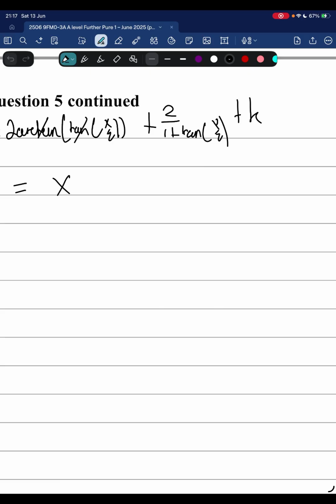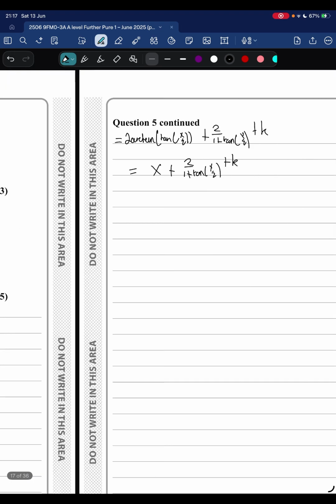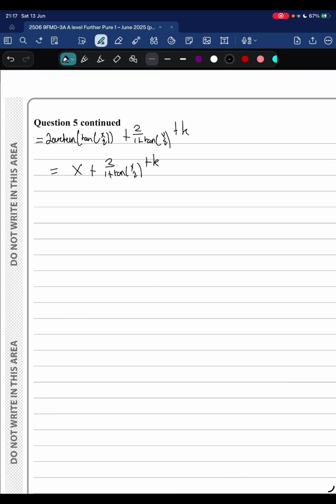Because these two cancel, they make x over 2 times 2, which is x, plus 2 times 1 over (1 plus tan x over 2) plus k. So from the question, a is 1 and then b is 2. And then this question is done.